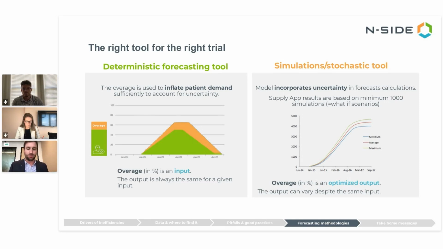I want to be sure to cover all these different scenarios in the short term and in the long term, and also avoid overproducing to cover all these situations. The main advantage of the stochastic tool is that the average, in that case, is an optimized output. So it's really the best average that you need to use depending on all the assumptions that you have in your own trial.